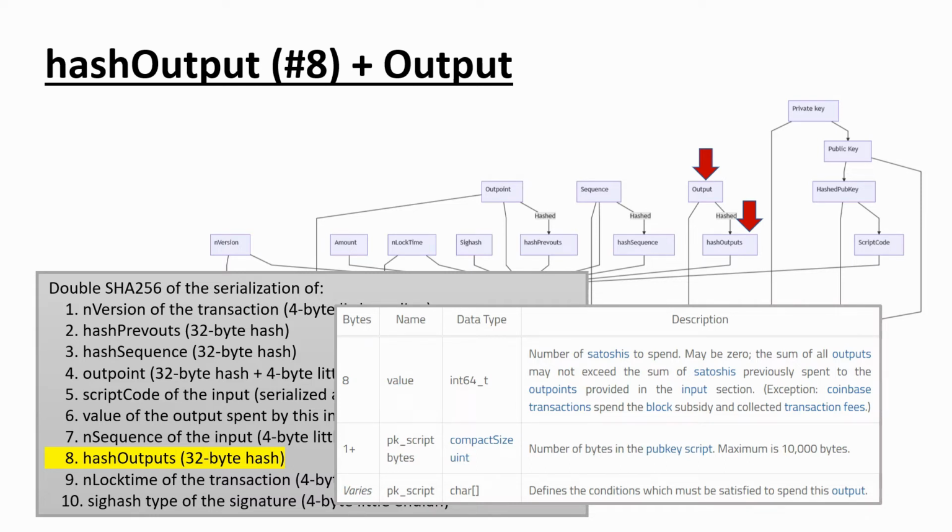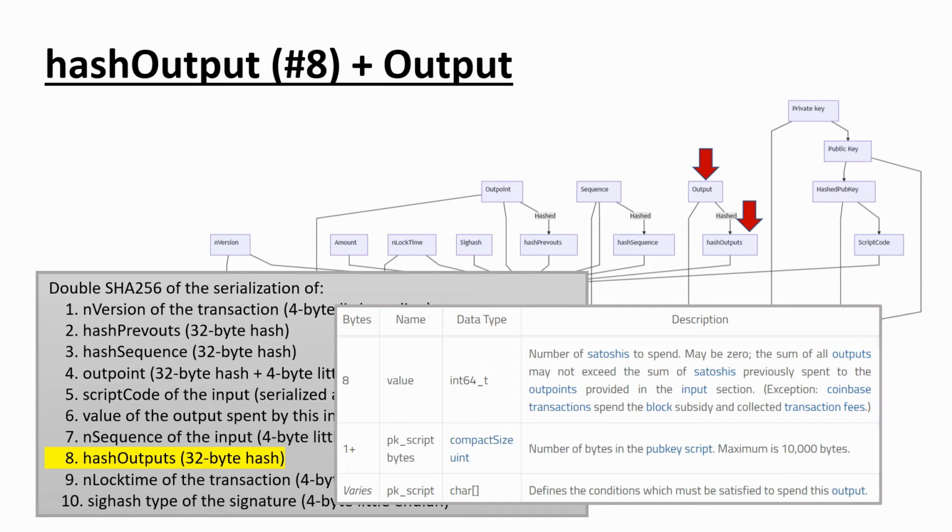The second and the third fields, the public key script and the public key script size, they basically correspond to the recipient address. And the script is a piece of code that other Bitcoin nodes need in order to verify the correctness of the transaction. The script that we specify in the output of the transaction is the script that the recipient needs to be able to solve or to prove in order to claim their coin.